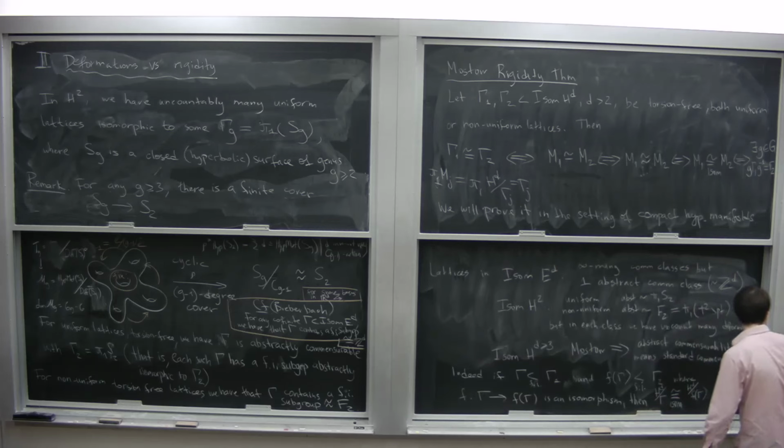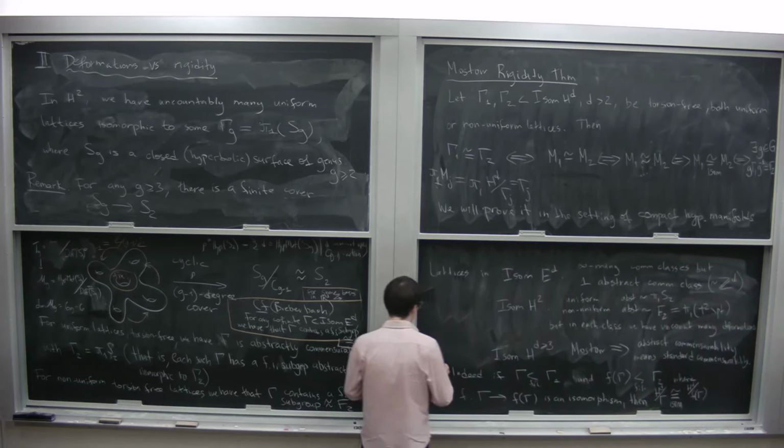And this means that I have two isometric finite covers.